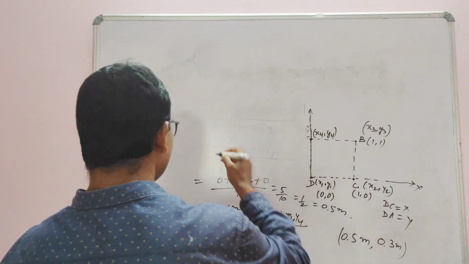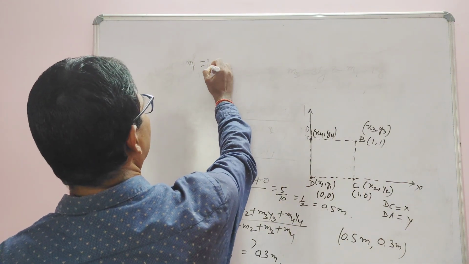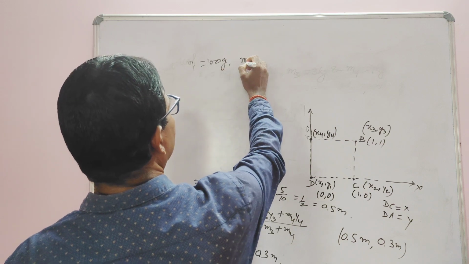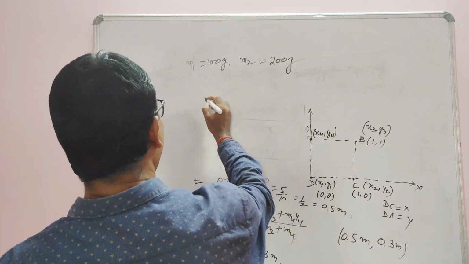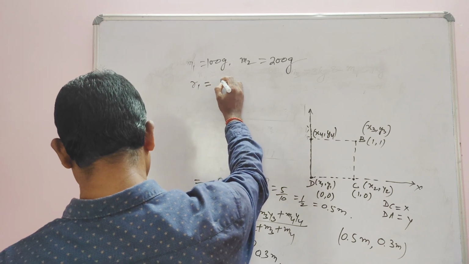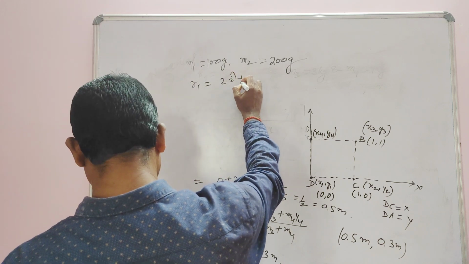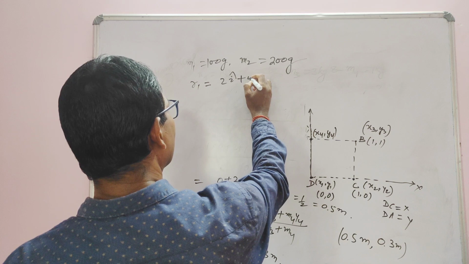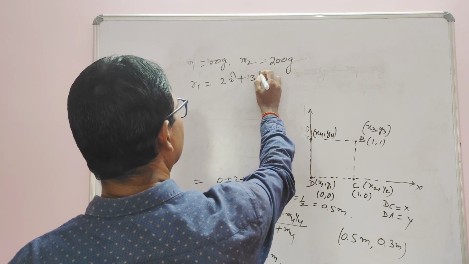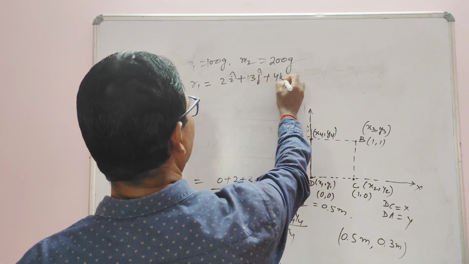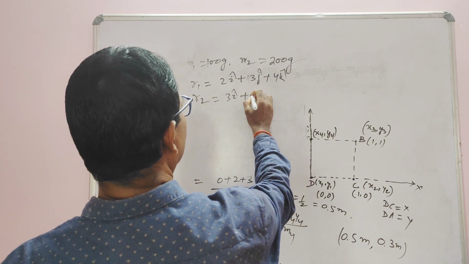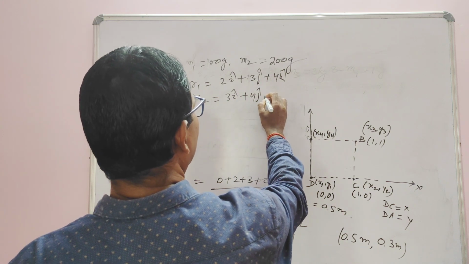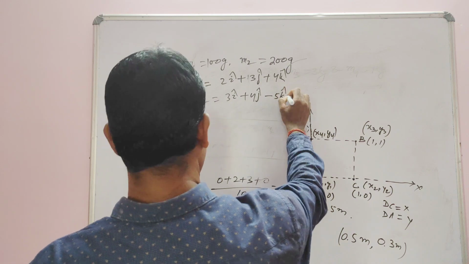Suppose mass m1 is equal to 100 gram, m2 is equal to 200 gram, clear? Then r1 is given as 2i cap plus 3j cap plus 4k cap, okay. r2 is equal to 3i cap plus 4j cap minus 5k cap, okay.